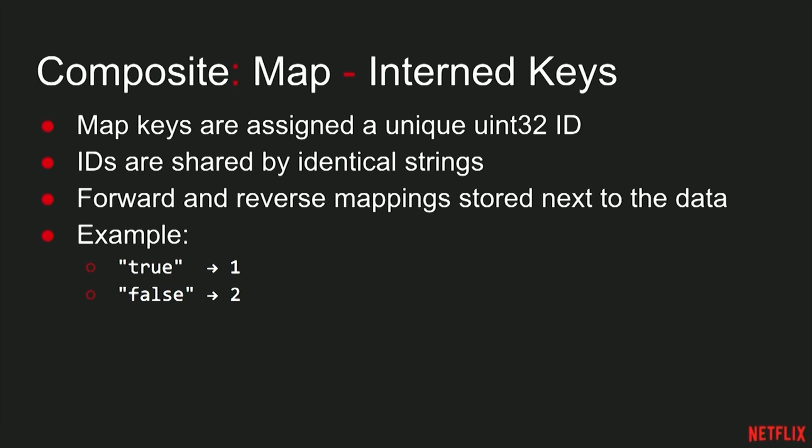Instead, we're going to store 4 bytes. So whenever we ingest a map into the system, we assign these intern IDs to all of the keys in this map and just store those instead of the strings. And separately, we'll store the forward and reverse mappings for these keys. For an example here, we might have the key true to 1 and false to 2.